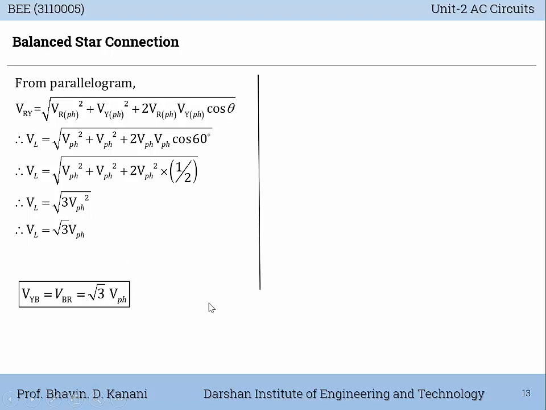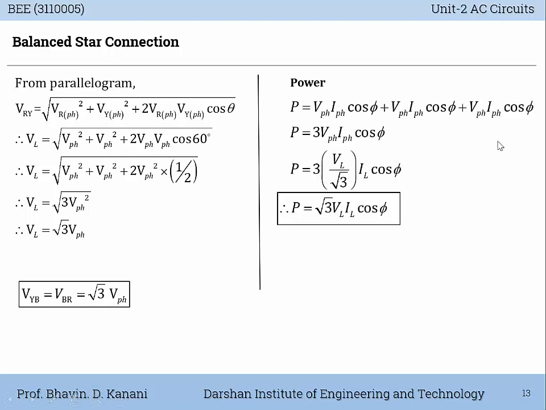So this is the conclusion we get. If we talk about power in a balanced star configuration, power will be nothing but the vector sum of all 3 different phases. If we consider first the R phase, then VPH multiplied by IPH multiplied by power factor cos φ, because for single phase power, P is equal to VI cos φ. Again we add the Y phase power, VPH IPH cos φ, and again the third. In summary, power is nothing but 3 times any one phase power, because in balanced condition we assume that all 3 phases have the same voltage, same current and same power.